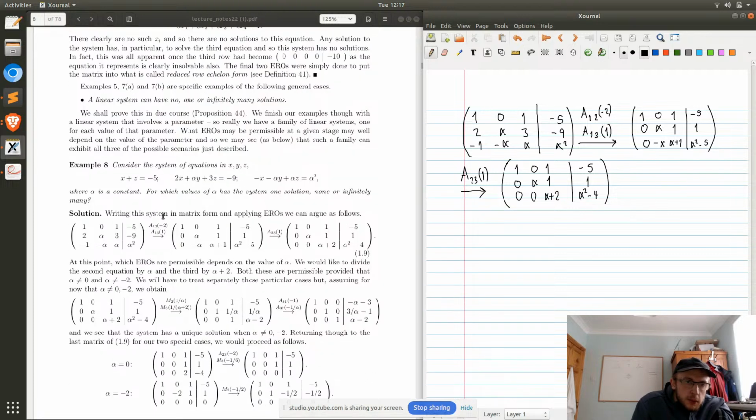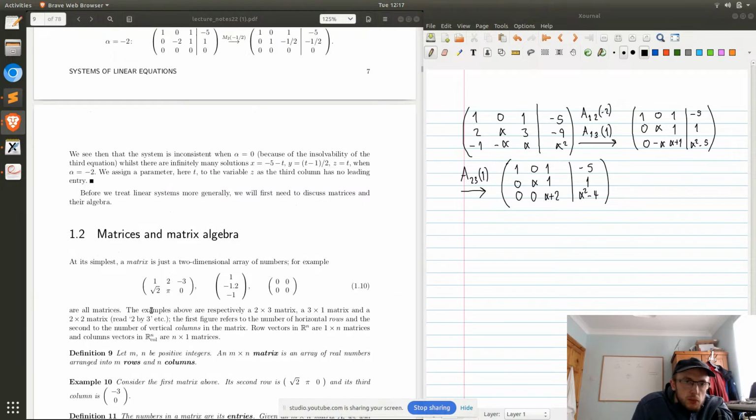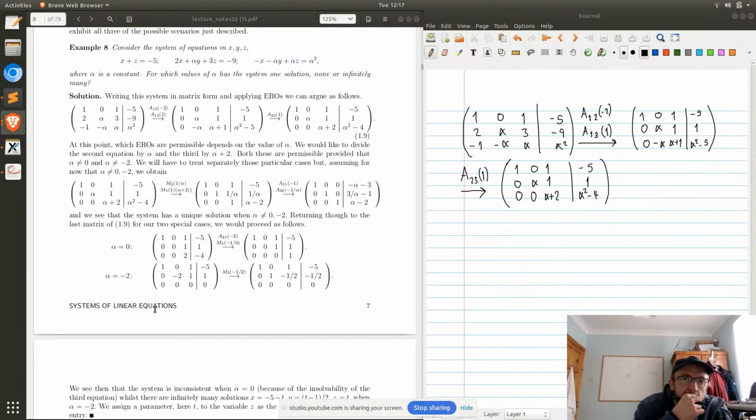At this point, which EROs are permissible depends on the value of alpha. We would like to divide the second equation by alpha and the third by alpha plus 2. Both of these are permissible provided that alpha is non-zero and alpha is not negative 2.